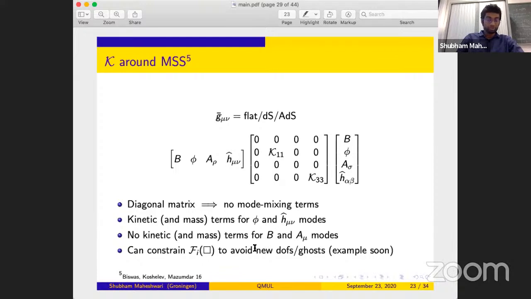And it is indeed possible to constrain this f of box around a maximally symmetric spacetime like flat, dS or AdS, so that you don't have any new degrees of freedom or ghosts. And I'll get to an example of that soon.